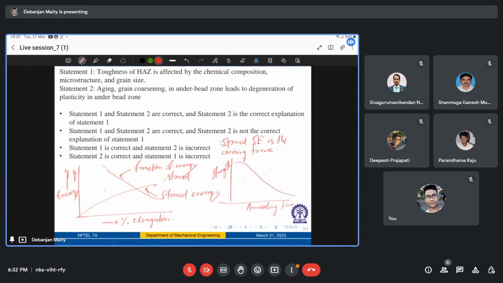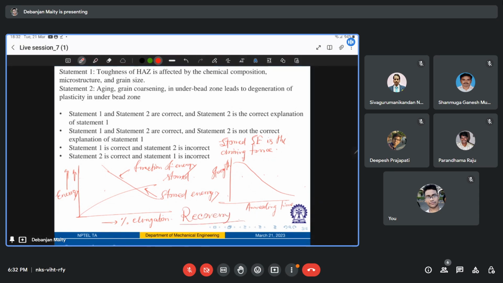so in fact, before recrystallization takes place, there exists a period of time during which certain properties of the work hardened material, for instance electrical resistivity, tend to recover without causing any microstructural change, and this phenomenon is called recovery. So before recrystallization you will have something called recovery.